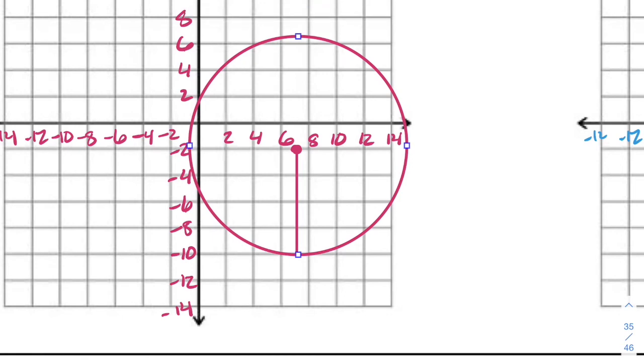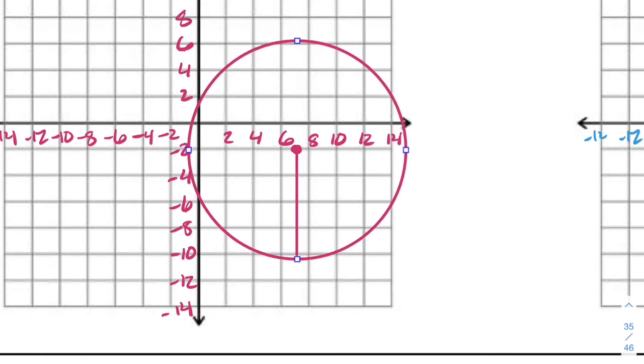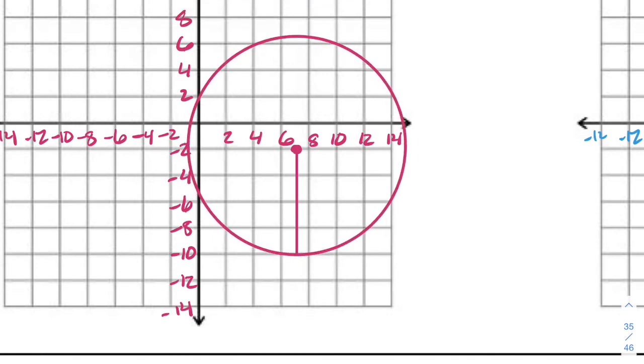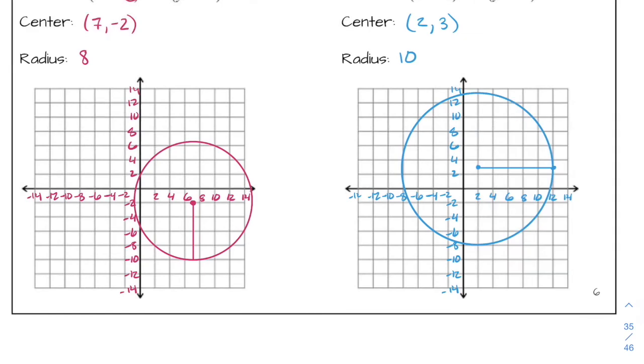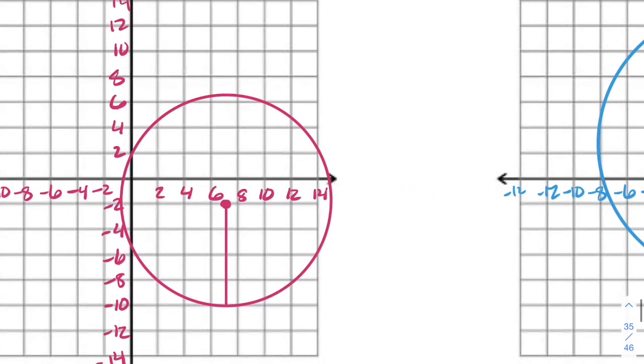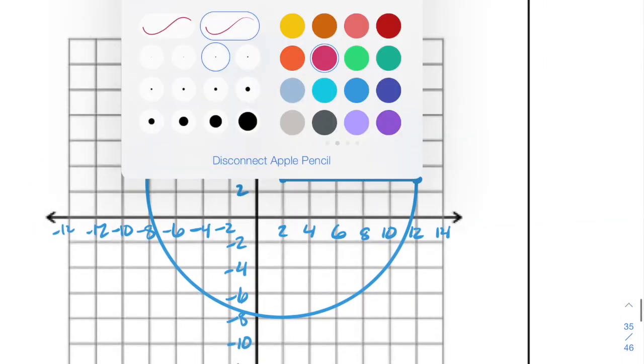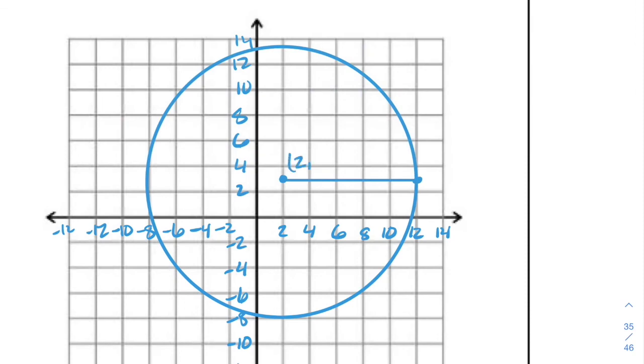It's reasonable. All right, so there you go. You can label it (7, -2) with a radius equals 8. This one will be (2, 3) with a radius of 10.